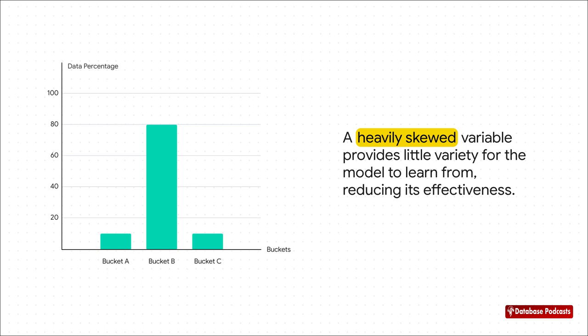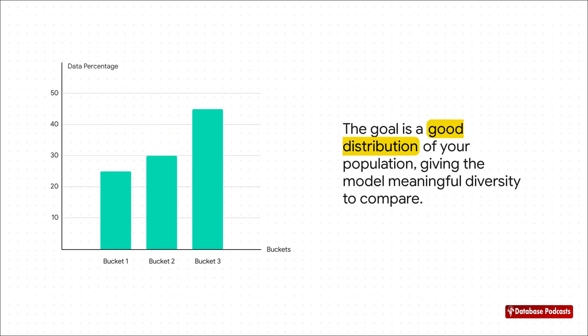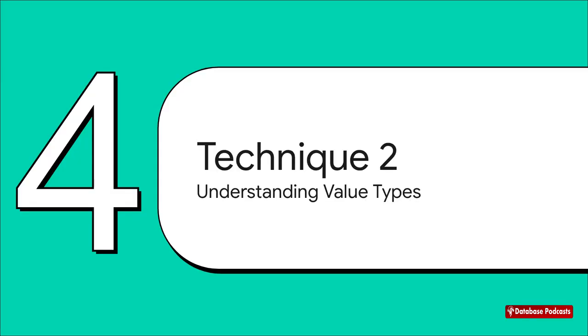It's not giving the model enough variety to learn from, which means its predictive power is going to be really, really low. Now this is what we're aiming for. See the difference? The goal is to design your ranges so that you get a nice, healthy distribution of your population across the buckets. This gives the model meaningful diversity to work with, which dramatically boosts its ability to find those important patterns. All right, let's move on to our second technique.